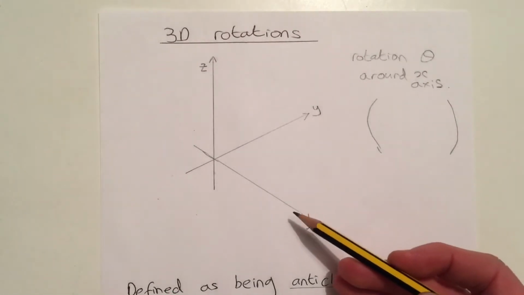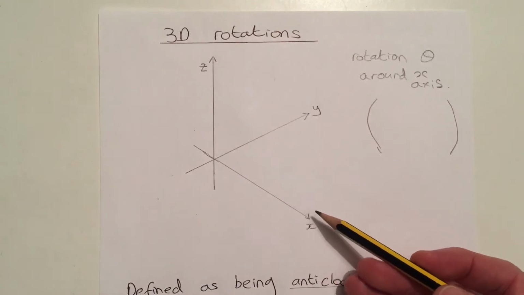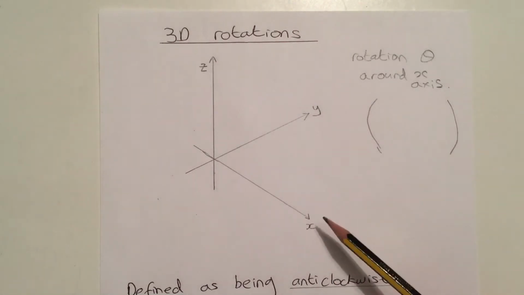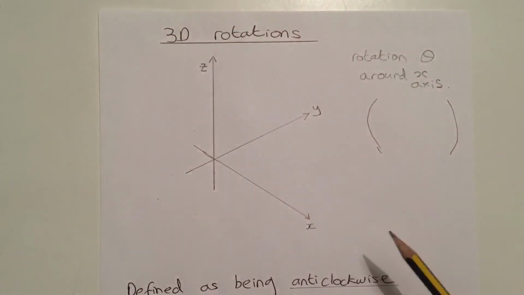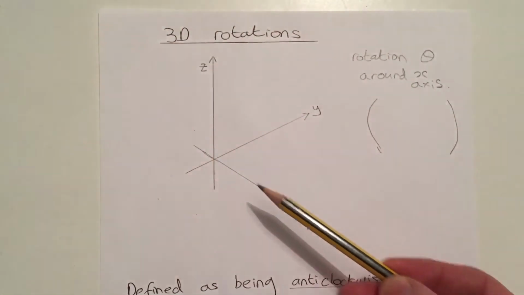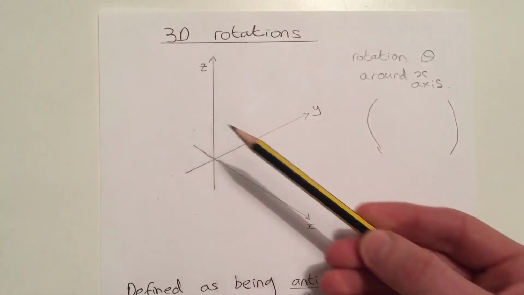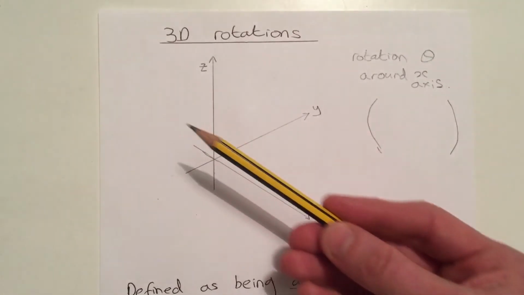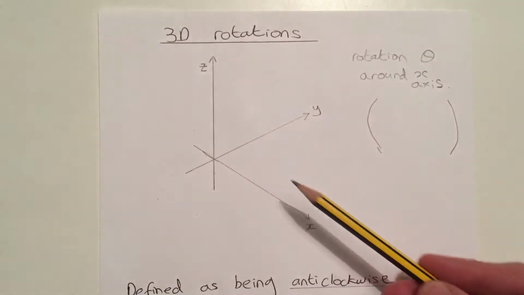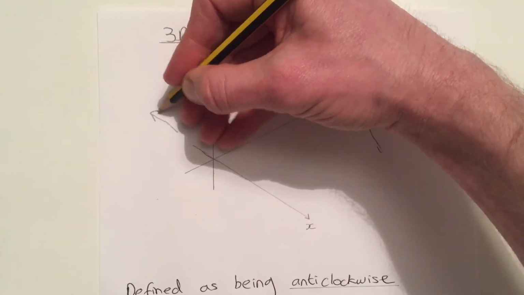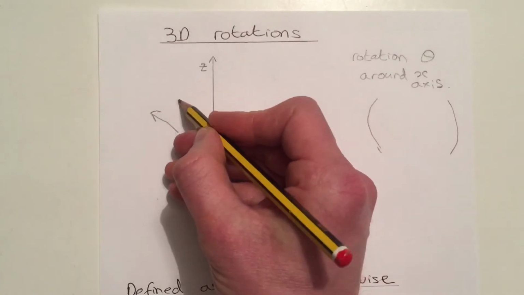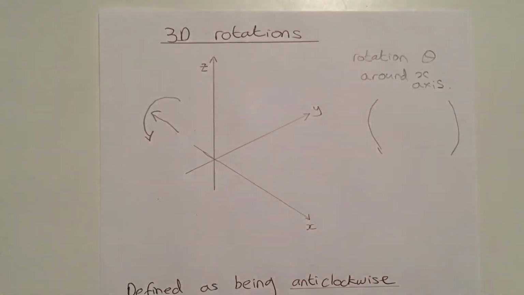So if I'm rotating around the x-axis, I first need to face in the negative x direction. So x is positive this way, so I want to be talking about the negative direction this way. If I'm facing this way, then an anti-clockwise rotation around this axis here would be like that.